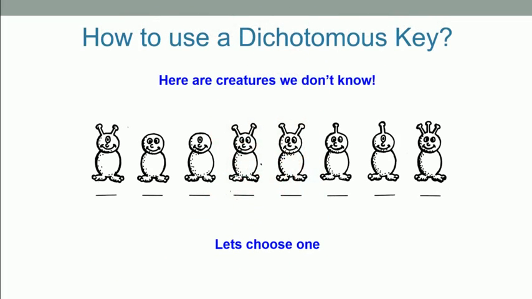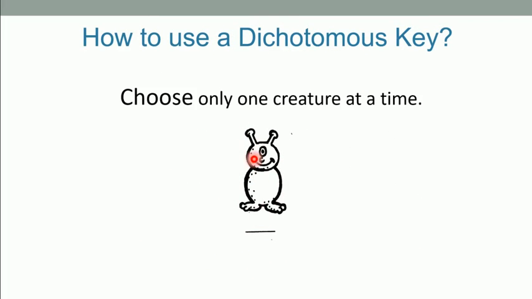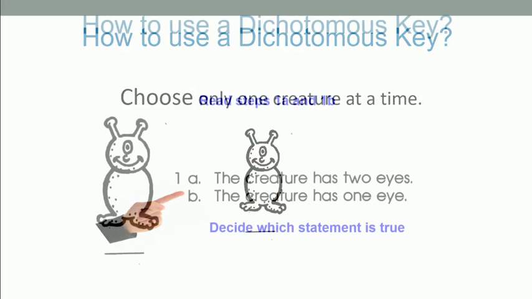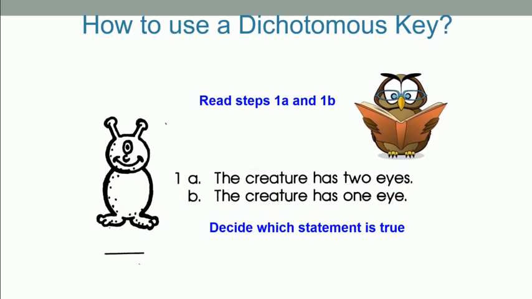Okay, now we take one example. Suppose here are creatures we don't know. So all these are unknown organisms, and suppose first we select any one of them. So suppose we have selected this organism and we have to identify it using a dichotomous key. First we start following the dichotomous key.